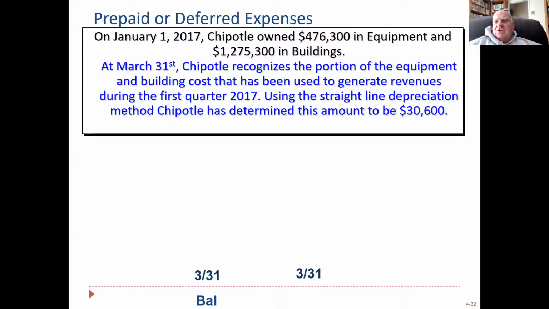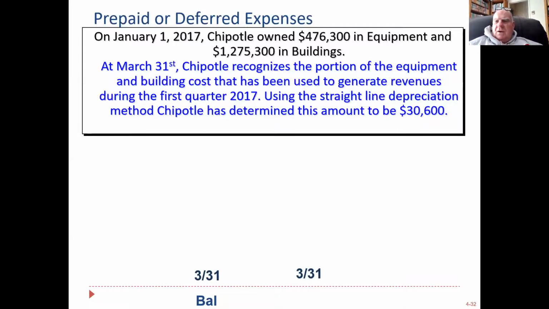Accumulated depreciation is what's known as a contra account. Contra means the opposite. A contra asset is an asset that carries a credit balance as opposed to the normal debit balance. It's an outlier.